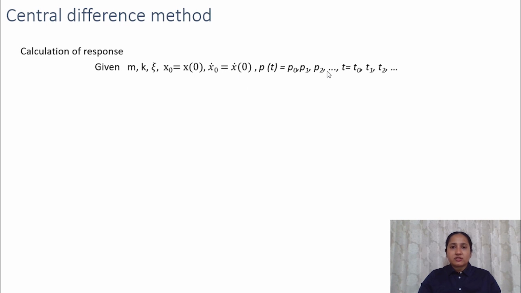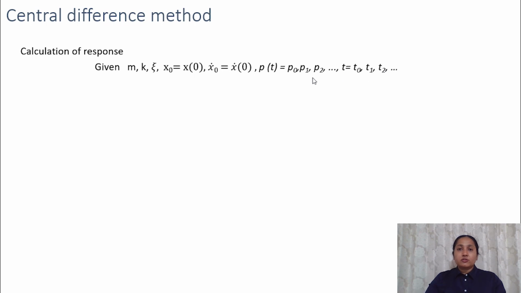The forcing function is also known. So we know the value of the force at each of these time instants, that is P0, P1, P2, etc. And we can calculate the time step as the difference between the consecutive time instants, that is t i plus 1 minus t i is equal to the time step delta t.